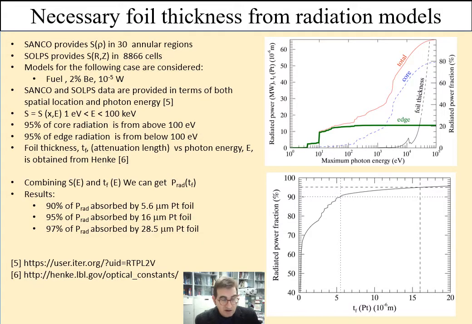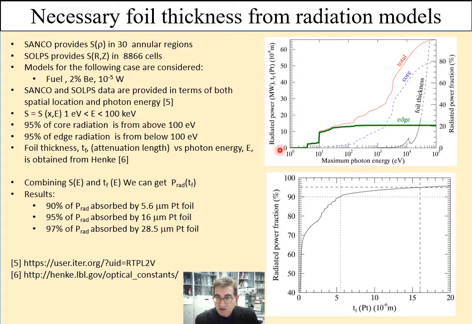We can use radiation models, SONCO and SOL-PS, to determine the necessary thickness of the foil, because these models, in addition to having the spatial information of where the radiation is coming from, also give the information on the energy spectra of the radiation.